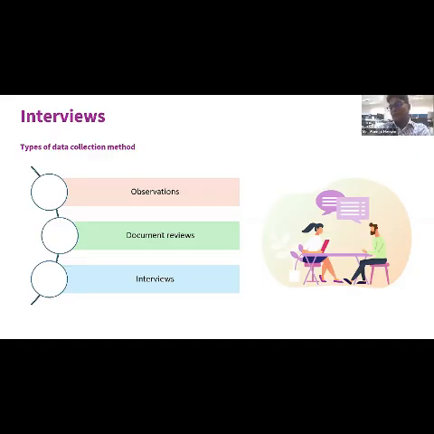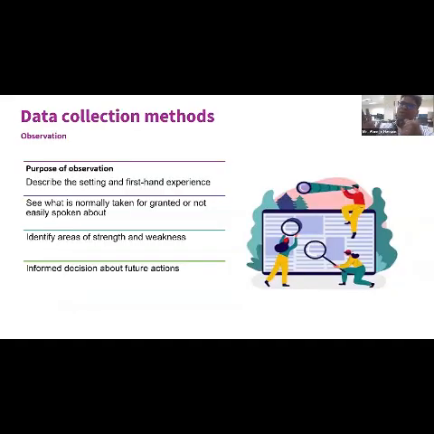There are also different kinds of documents we review before conducting any research. And there are several types of interviews. Some are in-depth interviews, informal interviews, focus group discussions, and lots of them.